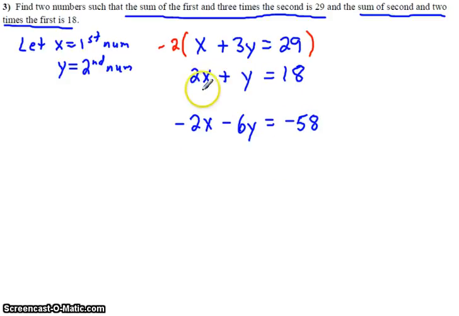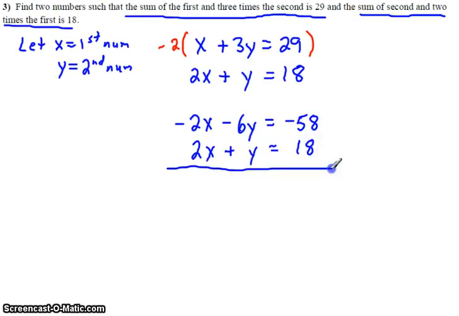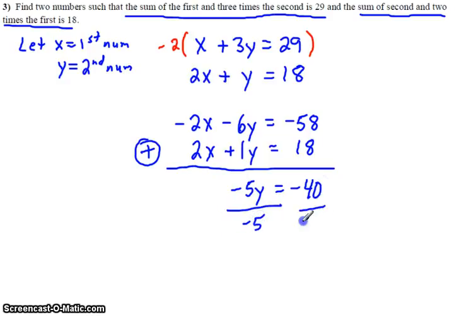And the bottom equation stays exactly the same. 2x plus y is equal to 18. I'm going to add these two equations. The -2x and 2x cancel out. They're eliminated. The -6y and 1y become -5y. And this equals -58 plus 18 is going to be -40. And when I divide both sides by -5, I get y is equal to 8.